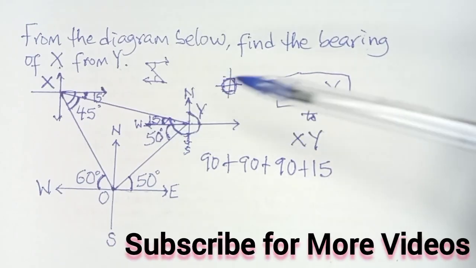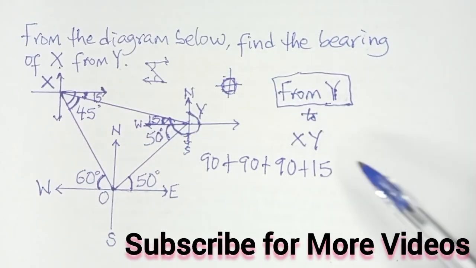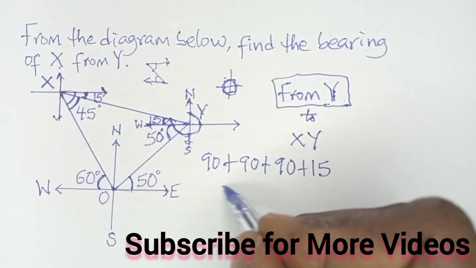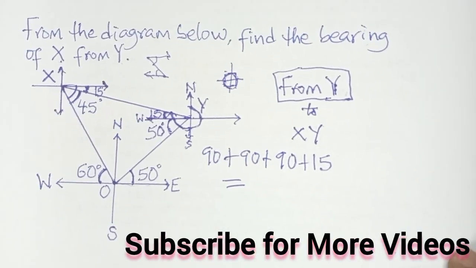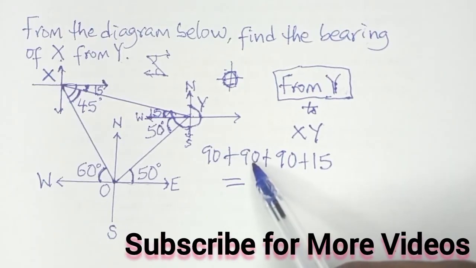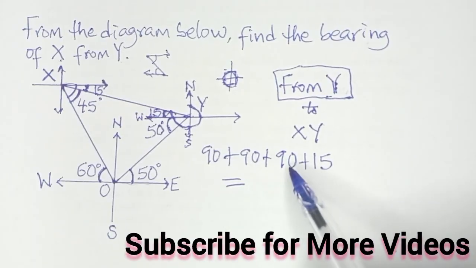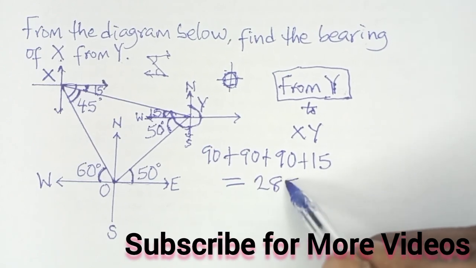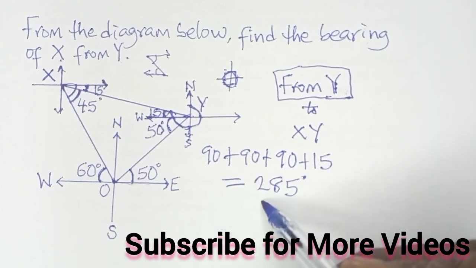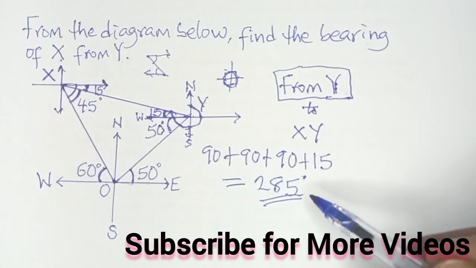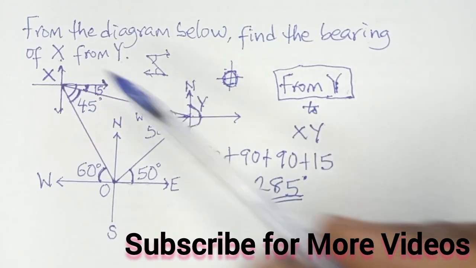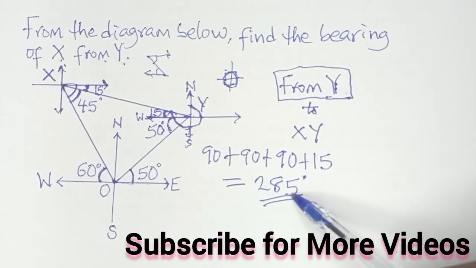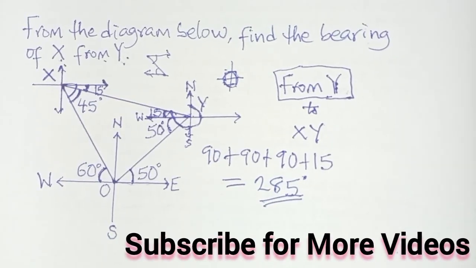That will give us the total angle for the bearing of X from Y. Adding all these values together: 90 plus 90 is 180, plus 90 is 270, and 270 plus 15 will give us 285 degrees. So the bearing of point X from point Y is 285 degrees, and that's the final answer.